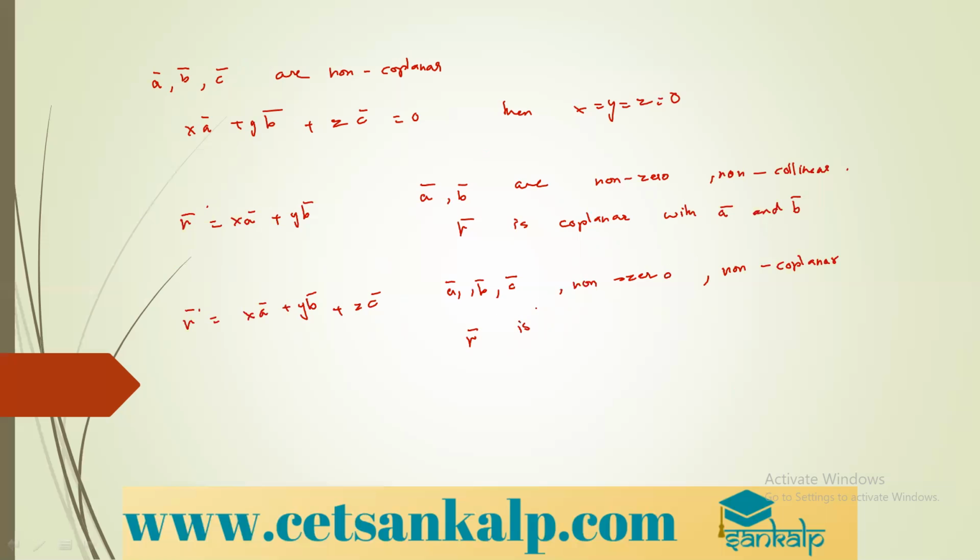R is the linear combination. That is, I can say xA plus yB plus zC are vector components.